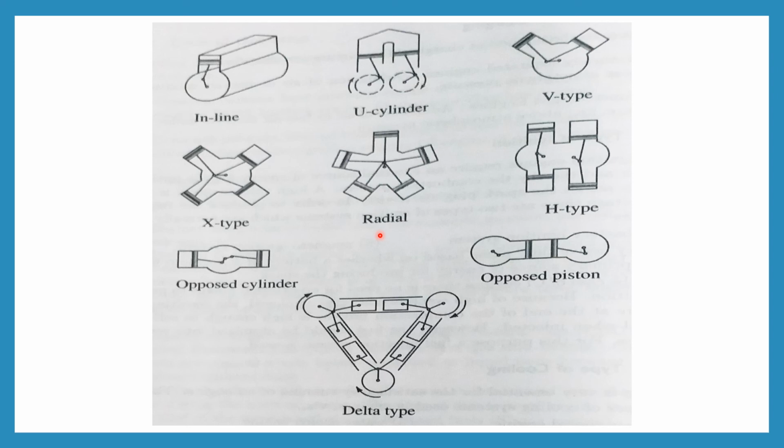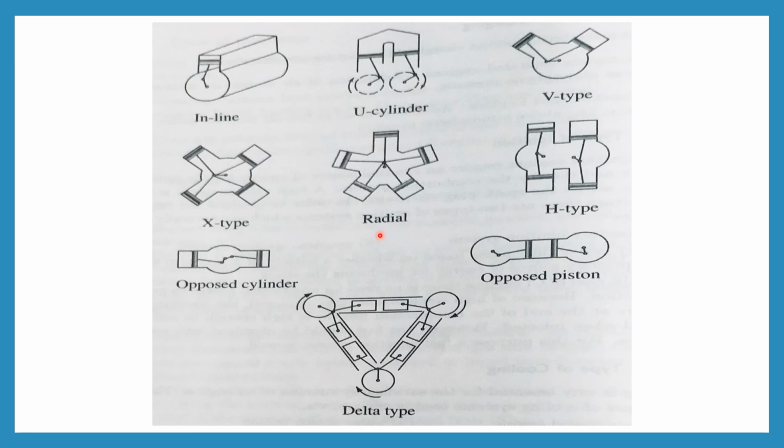Next is radial. A radial engine is one where more than 2 cylinders in each row are equally spaced around the crankshaft. The radial arrangement of cylinders is most commonly used in conventional air-cooled aircraft engines, where 3, 5, 7 or 9 cylinders may be used in one bank and 2 to 4 banks of cylinders may be used.